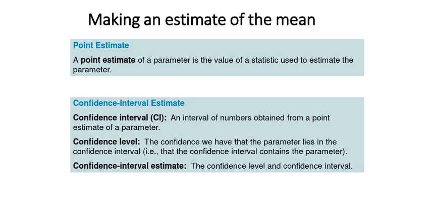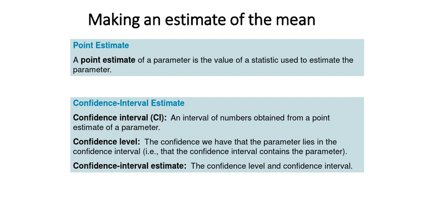And let's say that we find that average height is 67 inches. Well, if we say 67 inches is our height for the entire population, we're making what's called a point estimate. A point estimate of a parameter is the value of the statistic used to estimate that parameter. So in the case of our height, that one sample will represent the entire population.